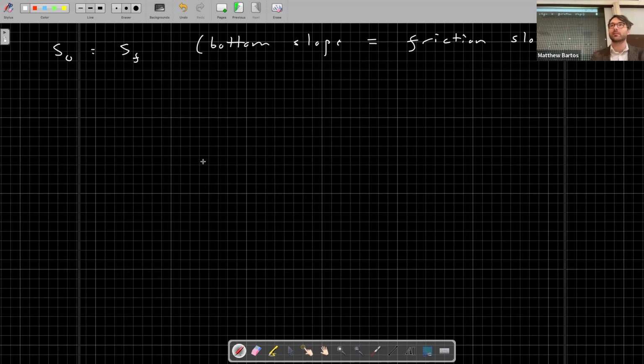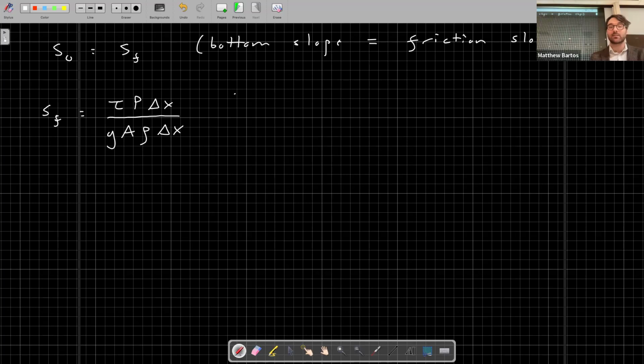So remember that this is the energy loss per unit length. And we have an expression for the friction slope. It's given by the mean shear stress times the wetted perimeter times the length of our control volume divided by the acceleration due to gravity times the cross-sectional area times the density of water times the length of the control volume.